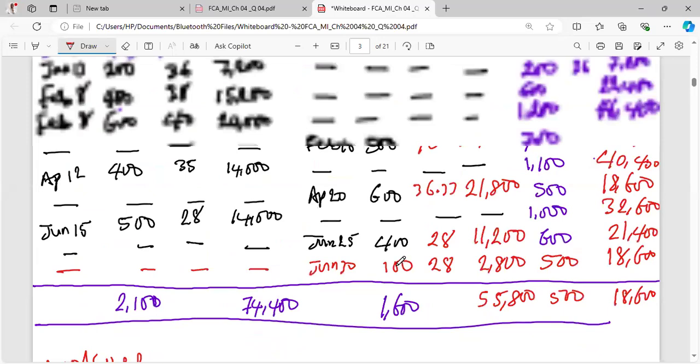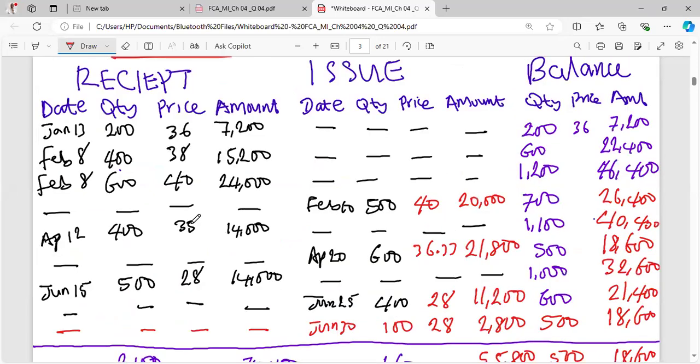Let's start with 500. This 500, we took the whole thing, 100 was remaining. 600, we took 400, 100, and 100. So 300 is remaining here, and this 200 is here. 200 and 300. Okay, that's what makes up the 500.